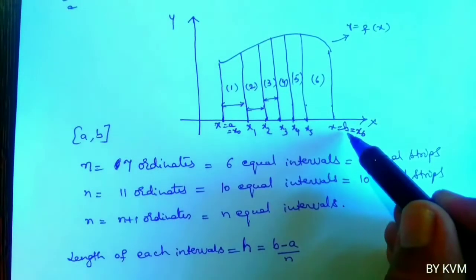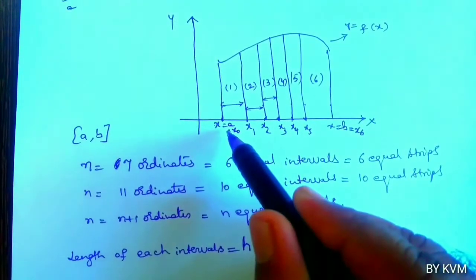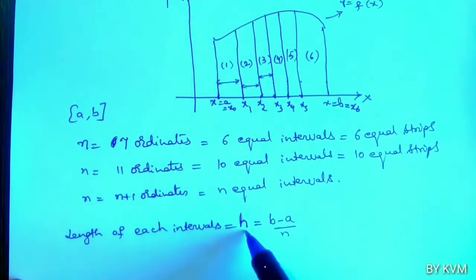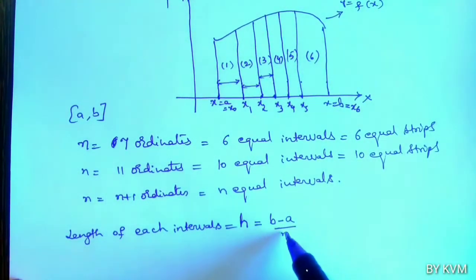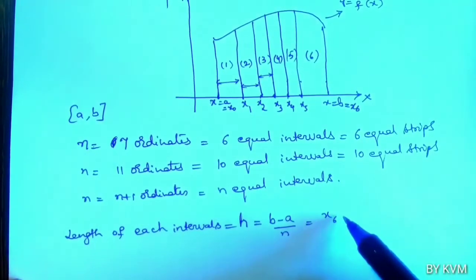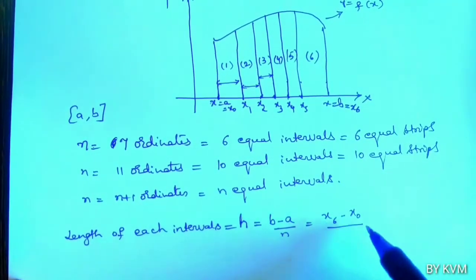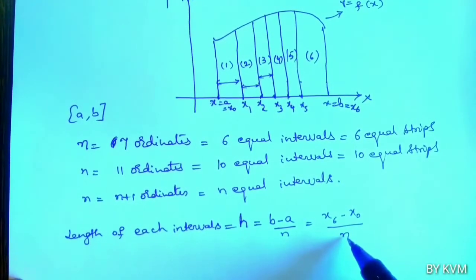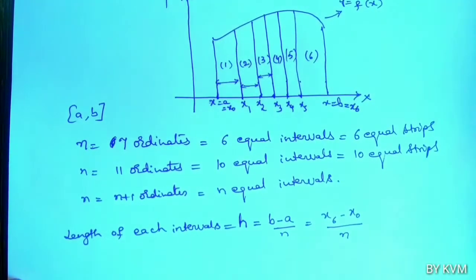So x equals b is the last ordinate and x equals a is the first ordinate. So the length of each interval h equals b minus a by n, or we can also take x6 minus x0 by n, where n is the total number of equal intervals.